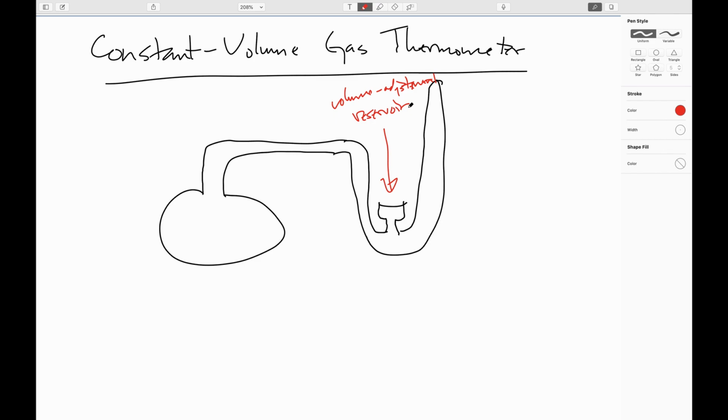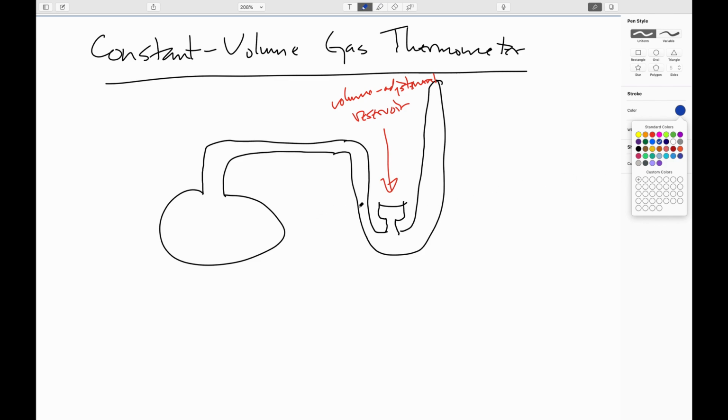Okay. And so the idea goes like this. You put a reference mark, you fill this tube with mercury or some other suitable liquid.